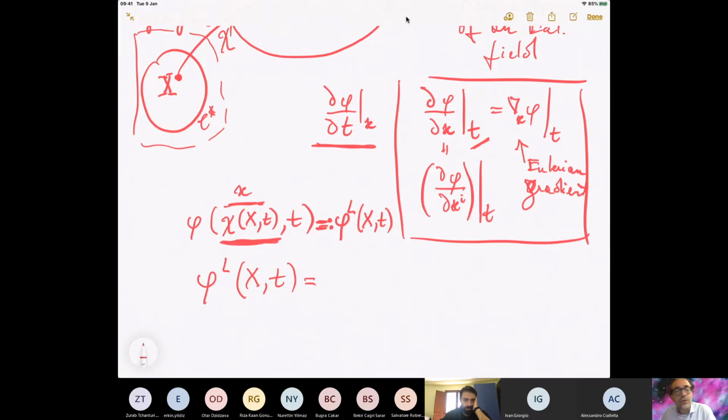Actually, in the ancient books, you find this. Lagrange wrote something like that. But this definition in words is rather difficult to grasp, until you write this equation.